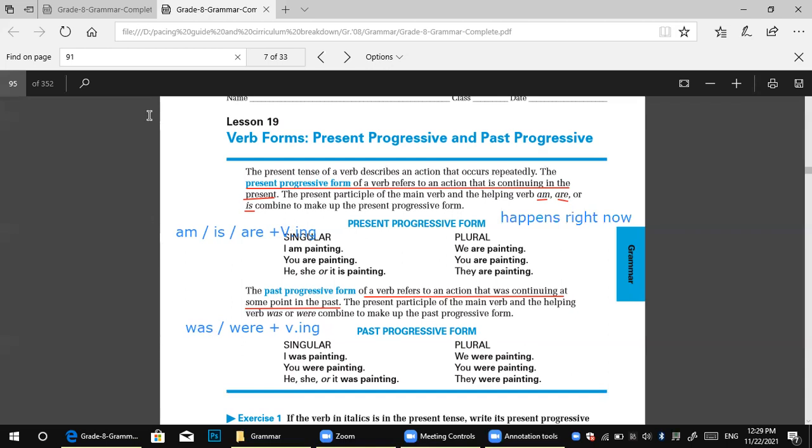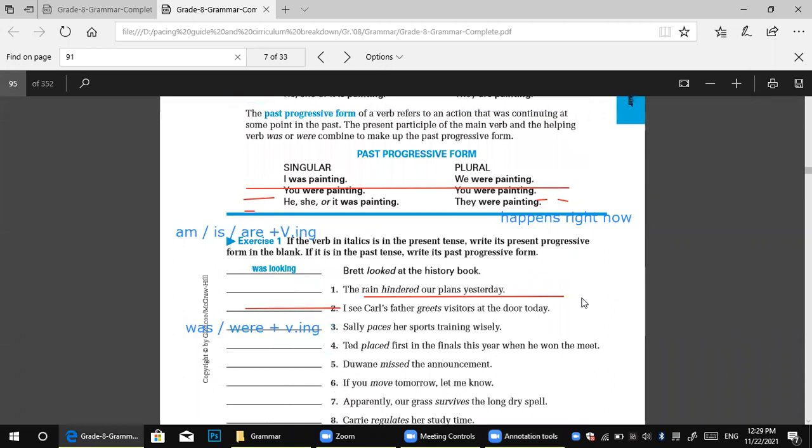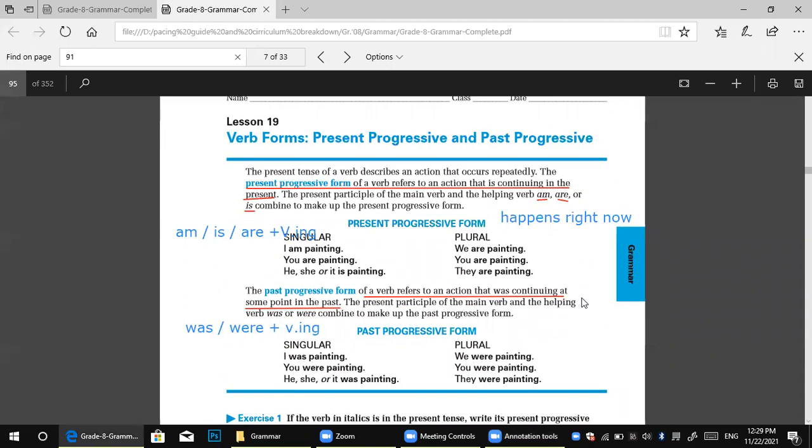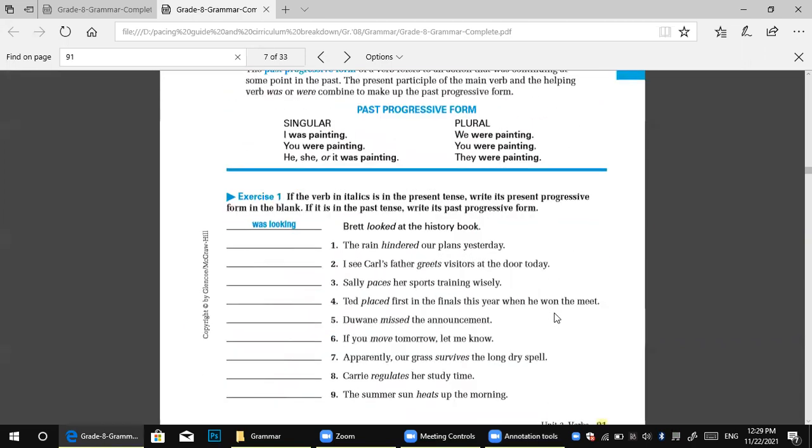So let's start to answer some questions. I think you have tried to write this down, because it's so important. Now let's try to answer some questions.